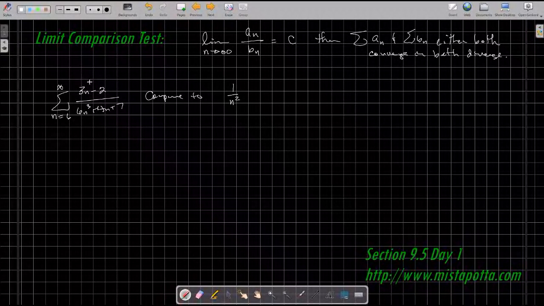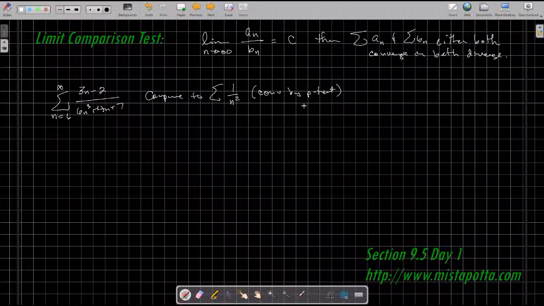The dominant term in my numerator has degree 1. The dominant term in my denominator has degree 3. And I know that this converges by the p-test.